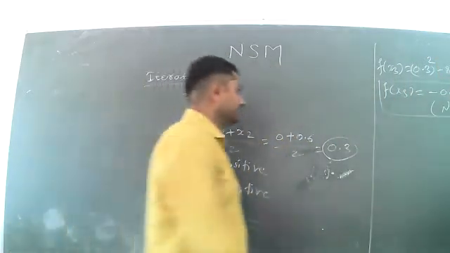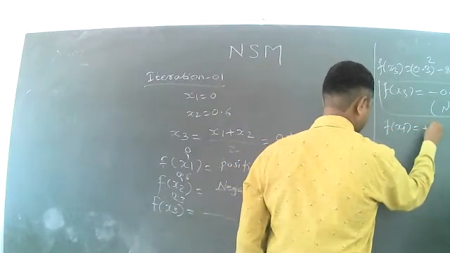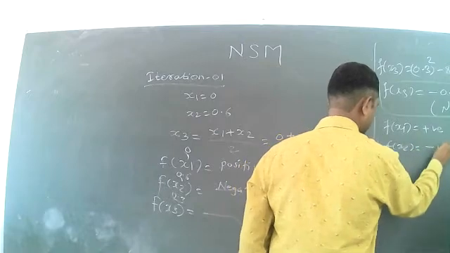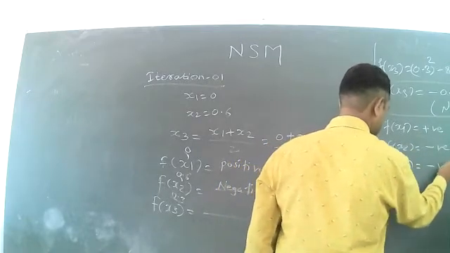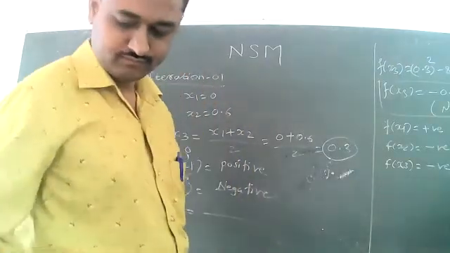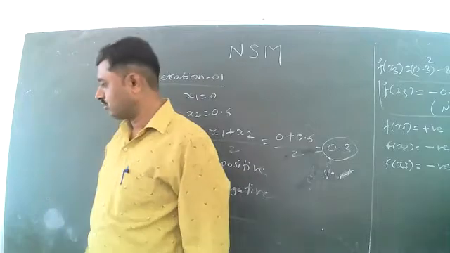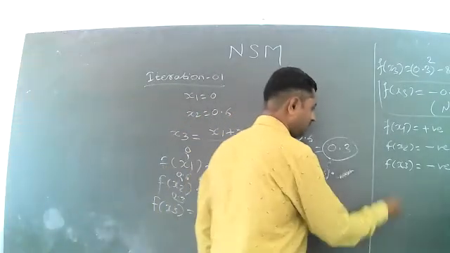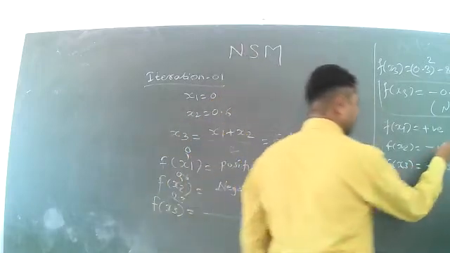So f of x1 is positive, f of x2 is negative, and f of x3 is negative. What about x1 and x2?